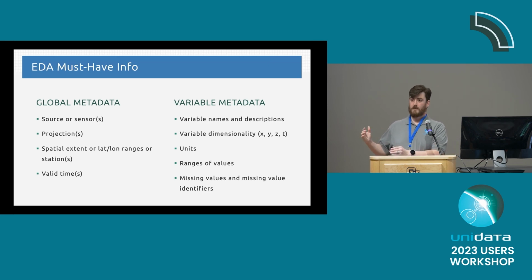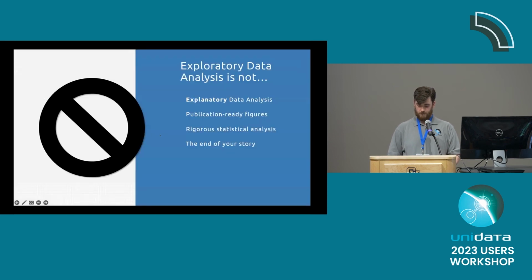Are they tied to some particular coordinate and not another? Are they organized just in vertical extent, just in space and time, and so forth? Again, the units, the ranges of those values, and how we identify missing data. Perfect, y'all. I think we covered it all.